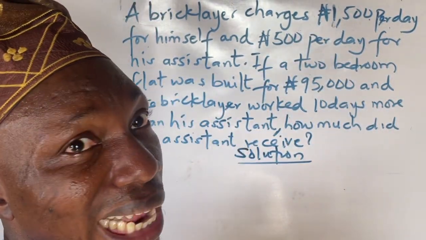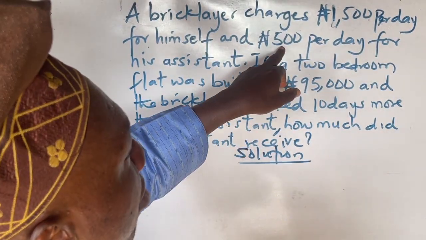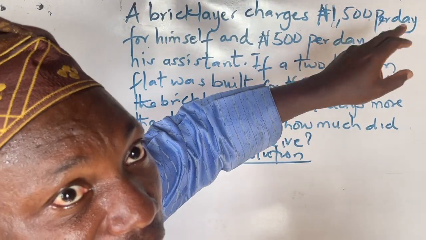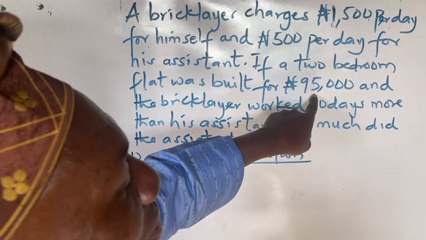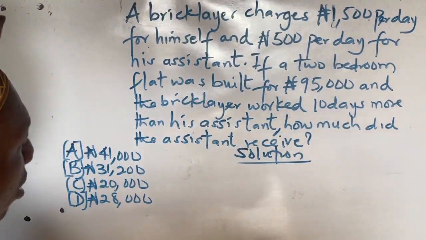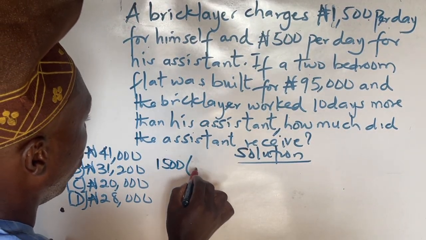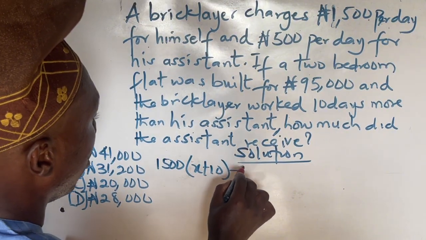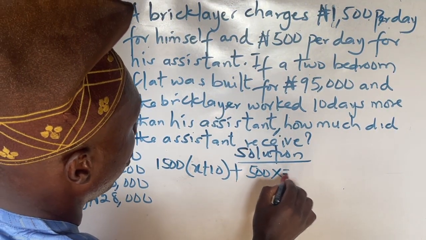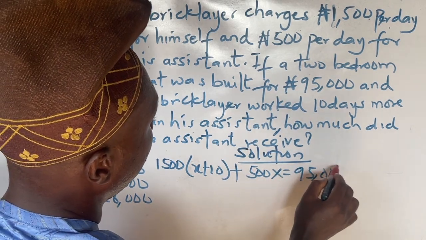So once we establish that relationship, the addition of the 500x and the addition of 1,500 into bracket x plus 10 will give us 95,000 naira. So that's what I'm about to do now. I'm equating them. 1,500 into bracket x plus 10 plus 500 times x equals 95,000.